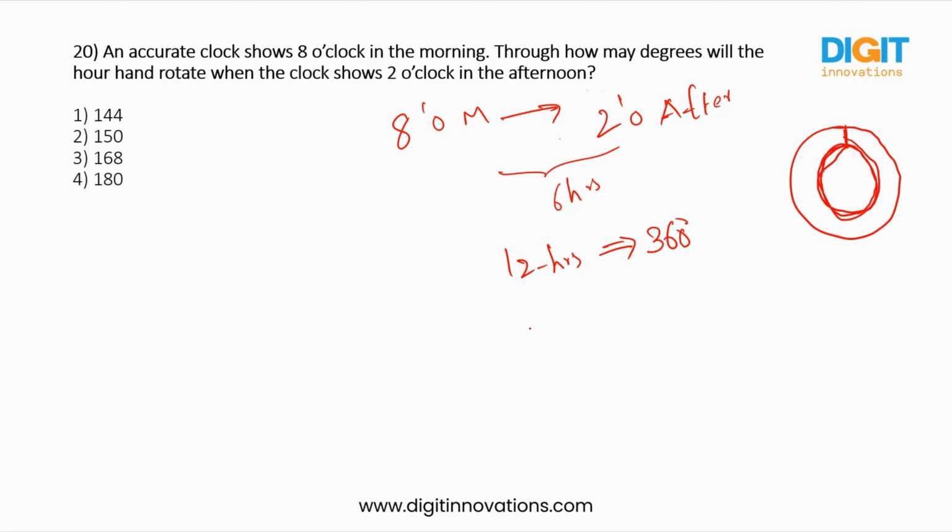That means in 1 hour, it would be 30 degrees. They are asking for 6 hours, so 6 into 30 would be 180 degrees. The option is 4.